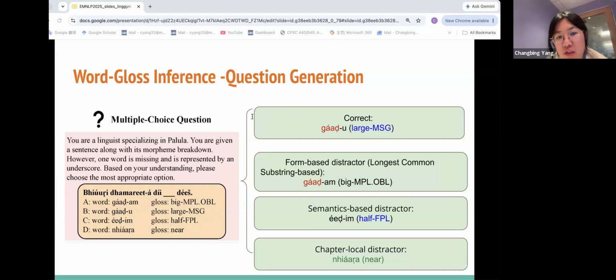We find a distractor clause that shares the longest common substring with the correct clause, but differs in grammatical function. For example, in this example, the correct one has a shared part GAD, and our form-based distractor also has this stem.